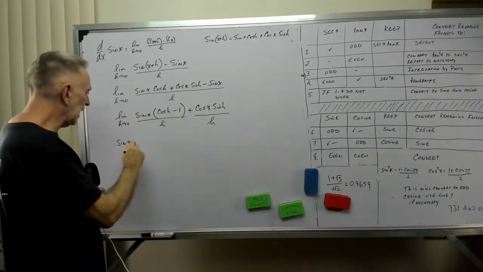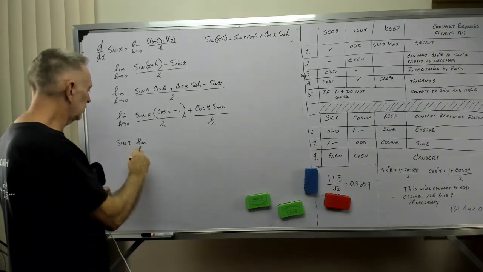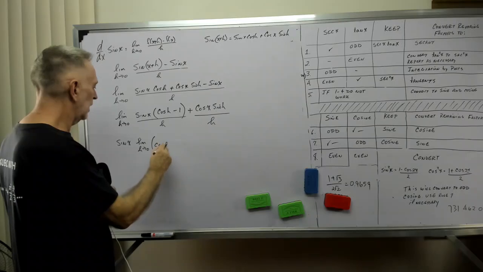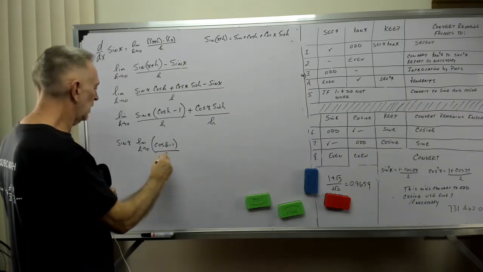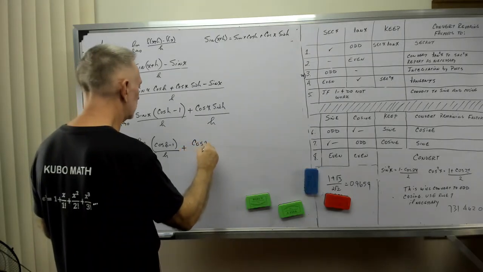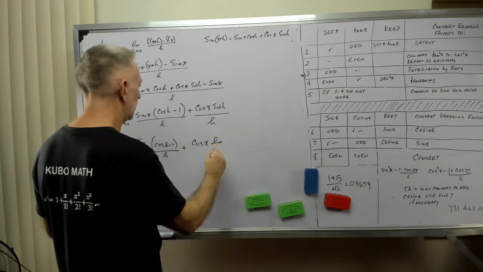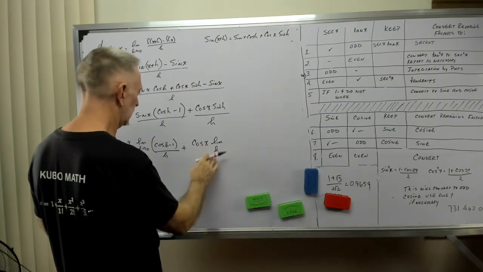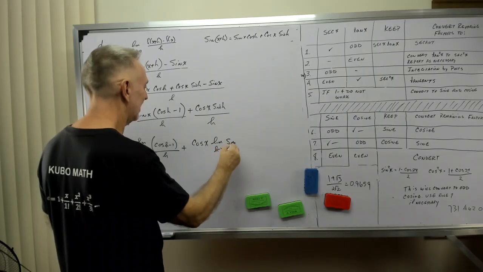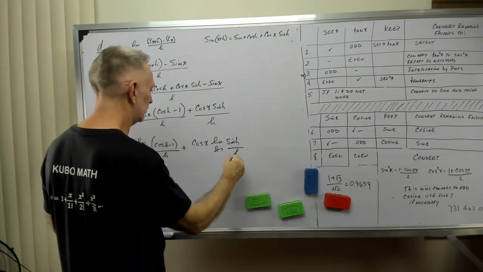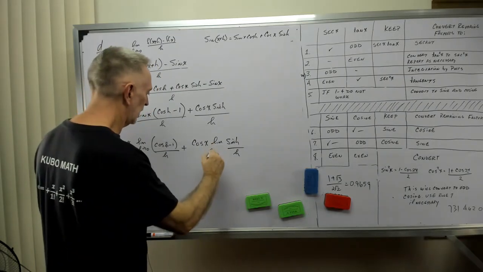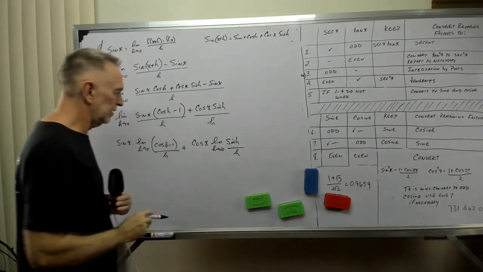Sine x times the limit as h approaches 0 of cosine h minus 1 over h, plus cosine x times the limit as h approaches 0 of sine h over h.